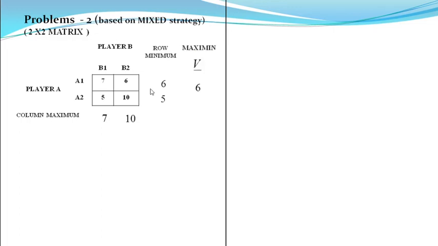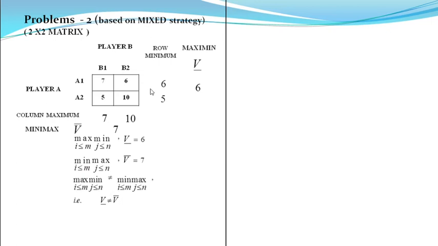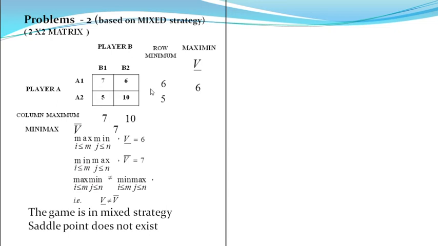The maximum of these two is 6, and the minimum of these two is 7. So these two are not equal. So maximin is not equal to minimax, and V lower bar is not equal to V upper bar, which is the symbolic representation of maximin and minimax. So the game is in mixed strategy and the saddle point does not exist.